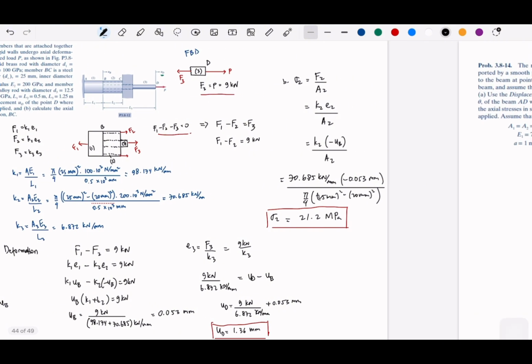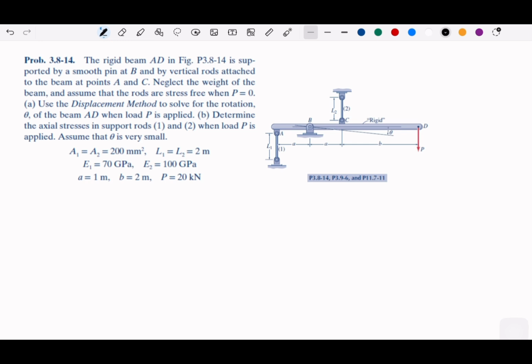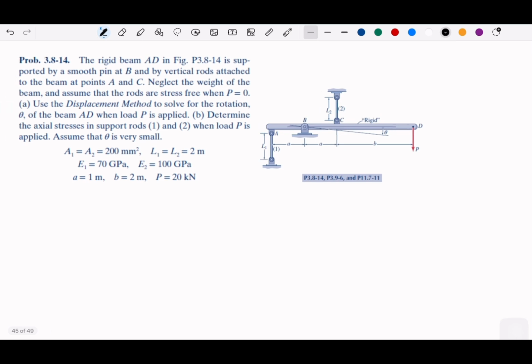Okay, let me continue. This is another one, but I will focus on the next part. The key is, if you remember, when we have this member here, it will be bent. The assumption for the bending on this topic is that the rotation is very small.